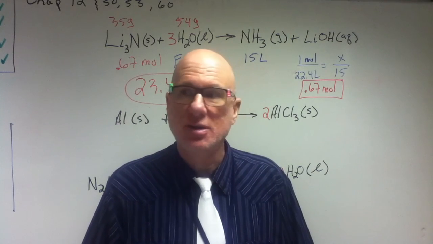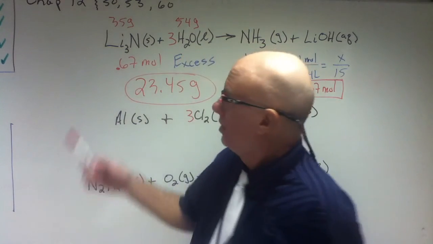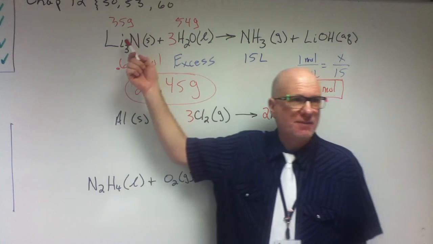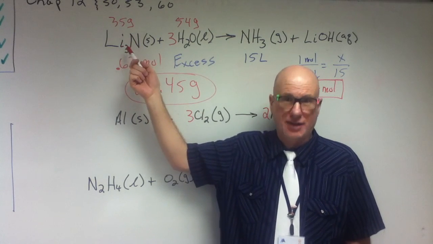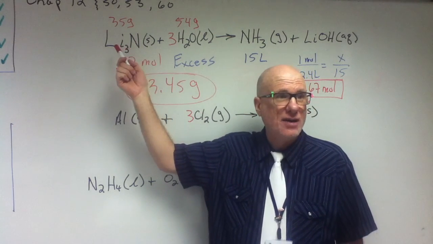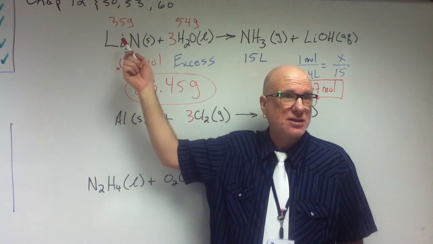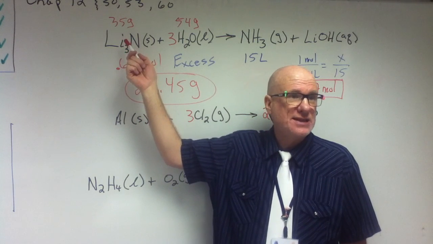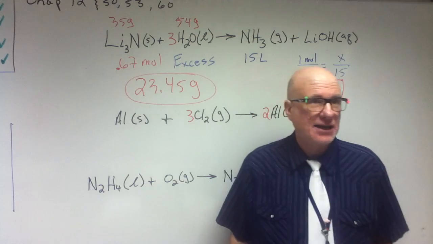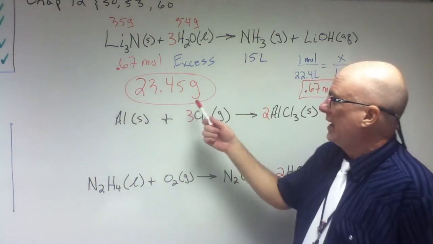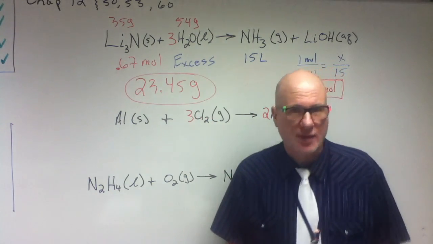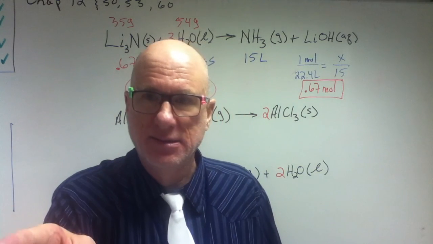What's the mass of 1 mole? Well, it just so happens that the stoichiometric mass that I wrote above for lithium nitride is the mass of 1 mole. So 0.67 times 35. The Canadian team got the points, and it is 23.45 grams. Excellent. Okay, we're off.